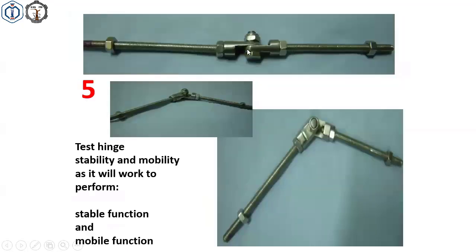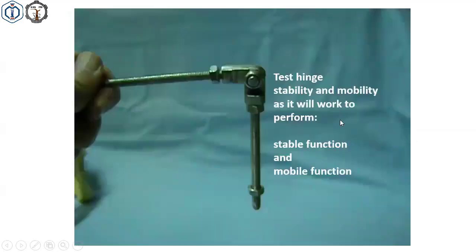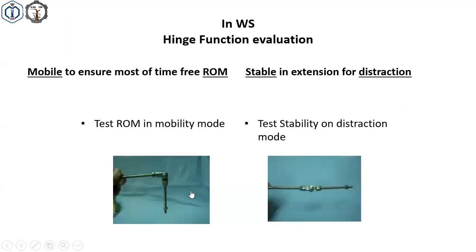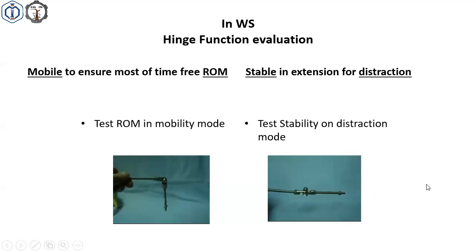Then we have two types of hinge working with the same configuration. Two hinges have the same configuration to be used as a mobile one or as a straight one, as we will see here. Here is a mobile one, and here is a straight one.